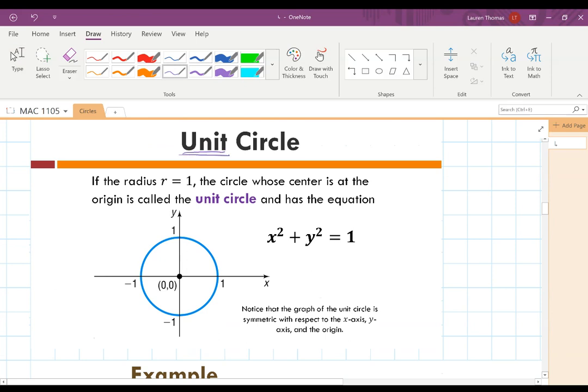If the radius r equals 1, the circle whose center is at the origin is called the unit circle and has the equation x^2 + y^2 = 1. So once again, this is another circle centered at the origin, so our h and our k are 0 and the radius is 1.